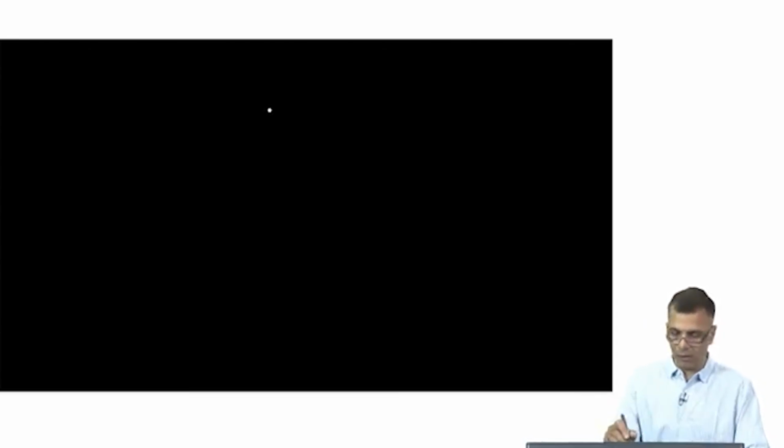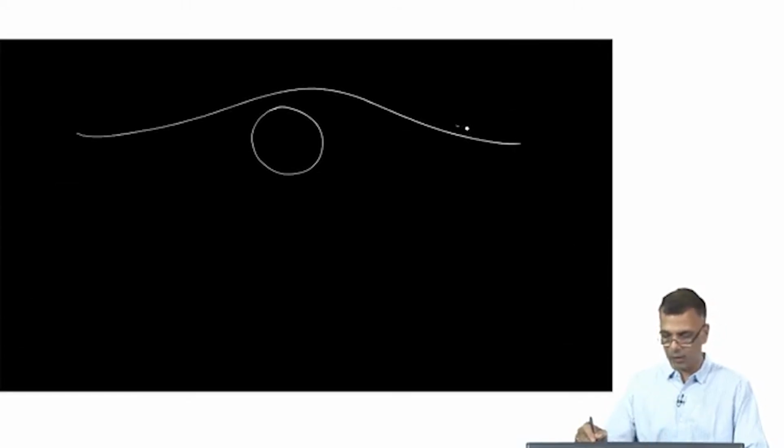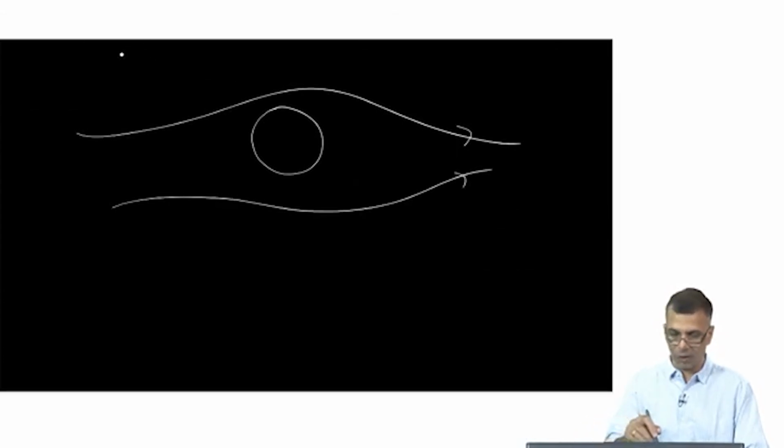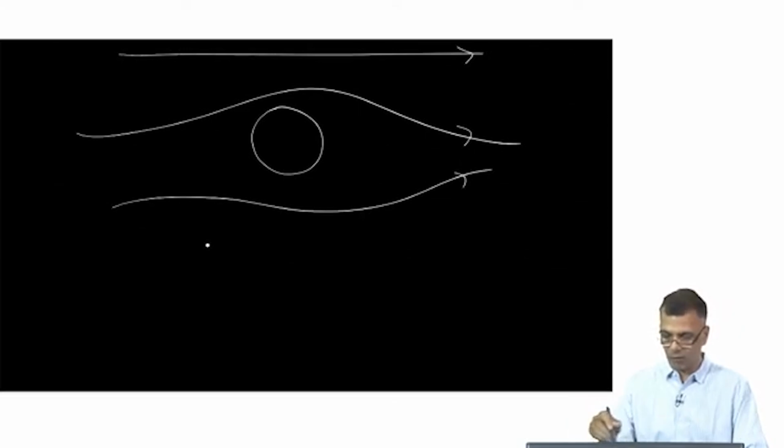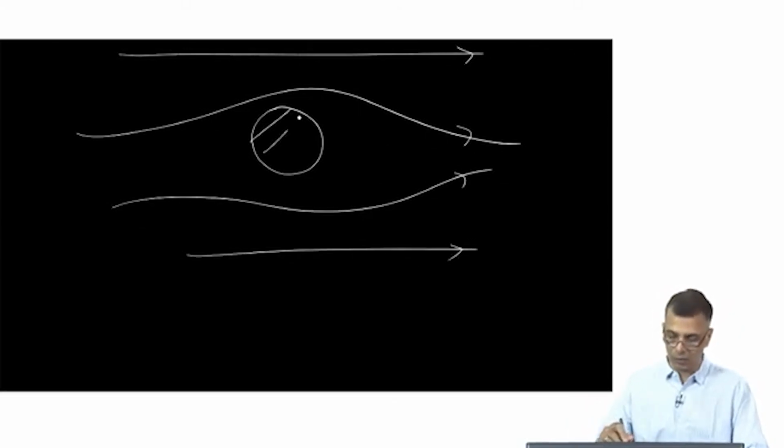We showed that as a result of this, as an example, we looked at the problem of a smooth sphere and velocity streamlines around the smooth sphere, which would look something like this. We've drawn these, and the velocity streamlines very far away would simply be undisturbed, as though the sphere was not there.